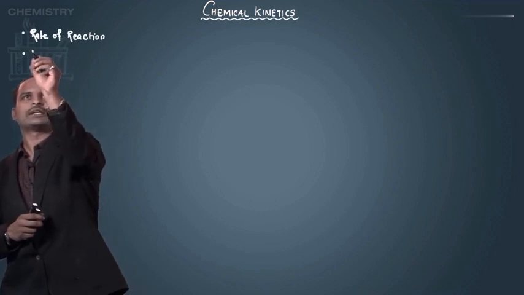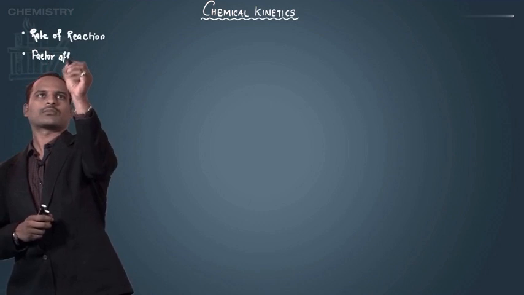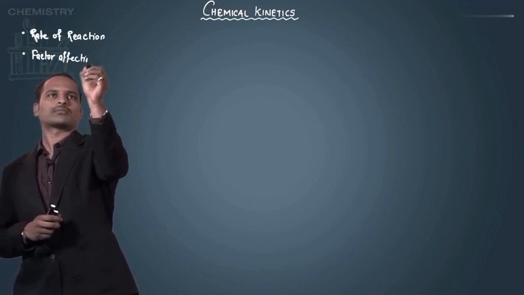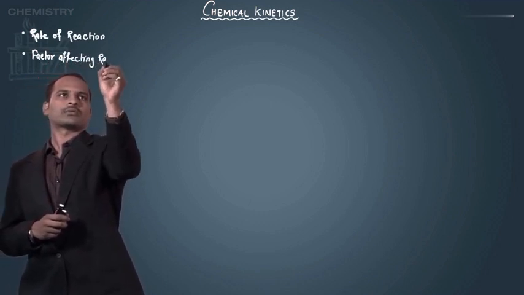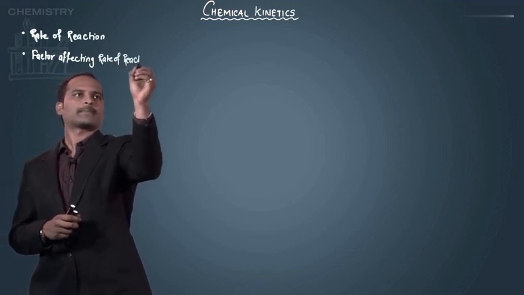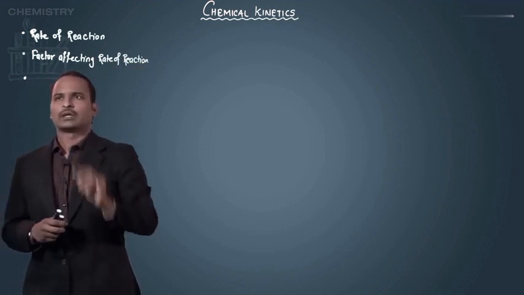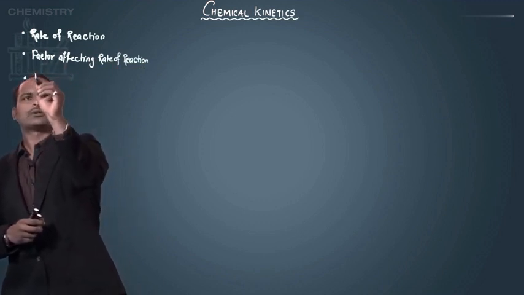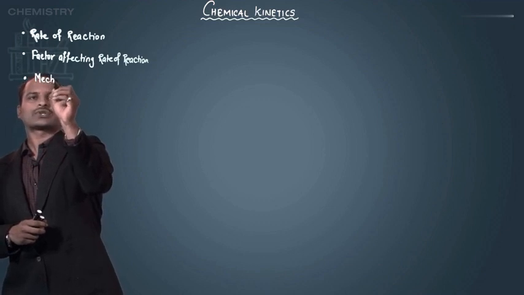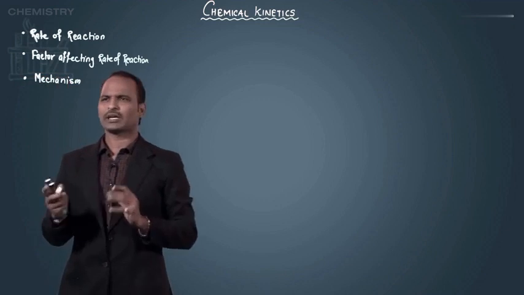The second, it deals with the factors affecting the rate of reaction. And the third, it also deals with the mechanism of the reaction. Again, if I'm using the word mechanism, I'm not talking about organic mechanisms.